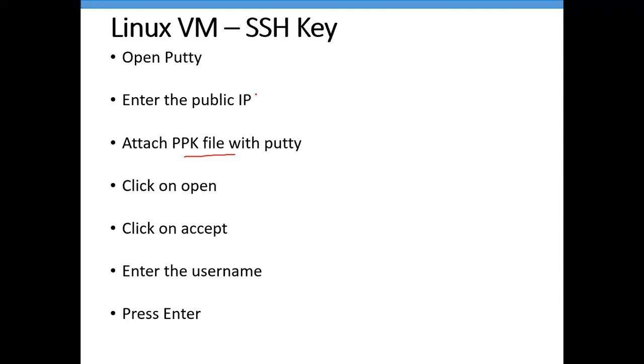I don't have an existing key, that's why I have used it. Whenever you are trying to create a virtual machine and you have an existing key, you can use the existing PEM file. But if you don't have one, you need to create a new one. Okay, that makes sense.